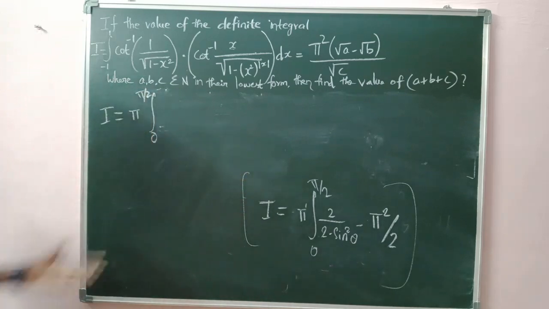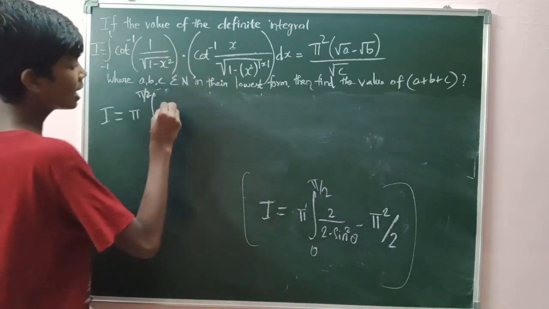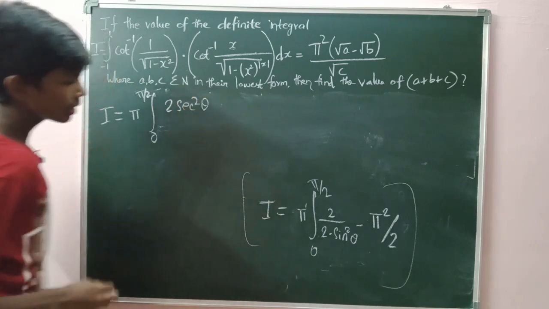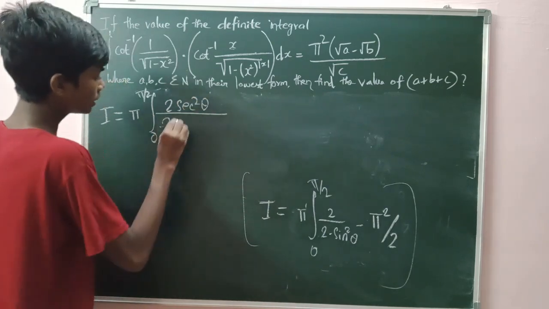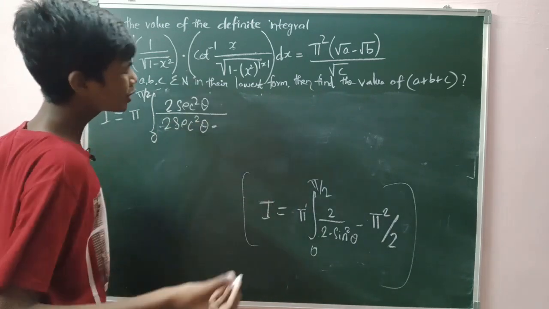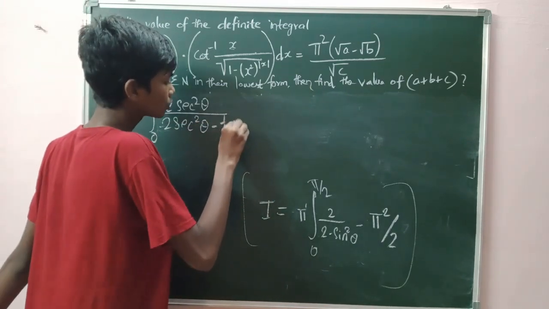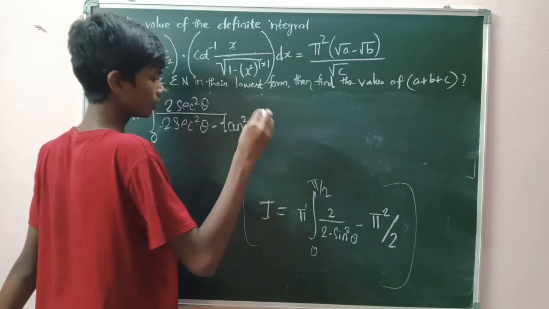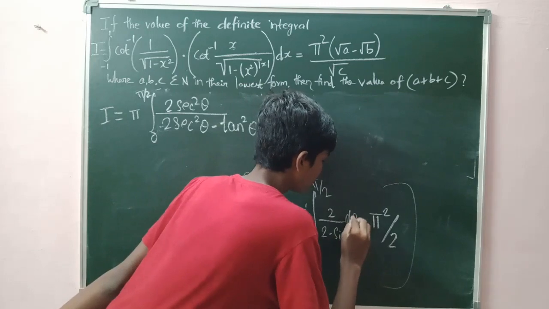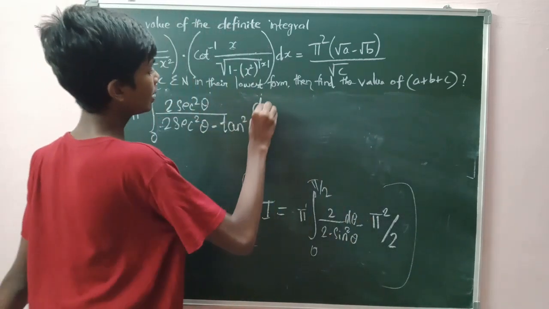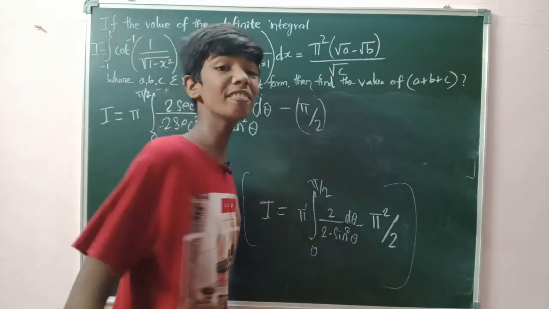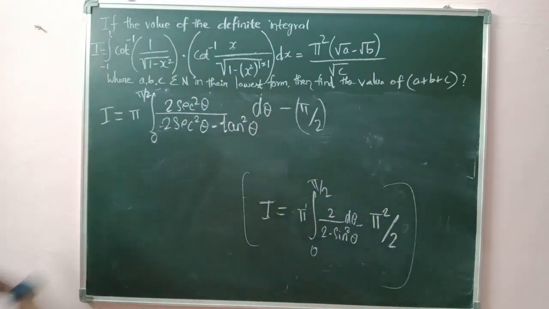Then when you divide your cos square theta on numerator, I'll get 2 by cos square theta, that is 2 secant square theta. Okay, then divided by 2 secant square theta, then minus of sin square theta by cos square theta is tan square theta. Then d theta, I forgot to put d theta over here, and minus of pi by 2. This pi by 2 is a separate value. It's not included in the integral.